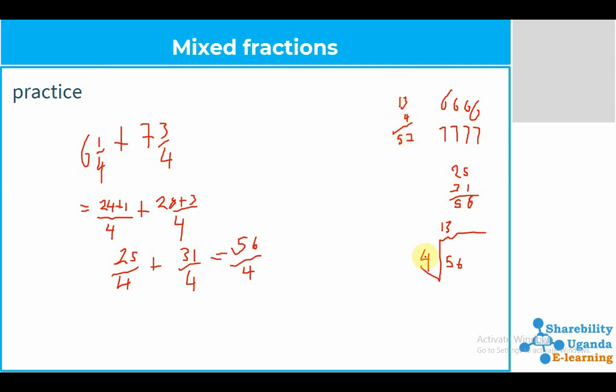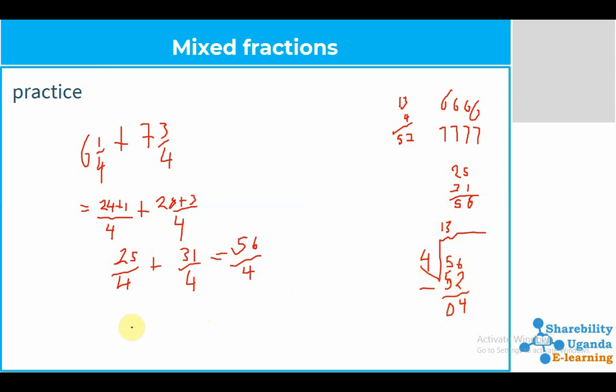So that is 52. We shall write our 52 here. Then we subtract this, remain with our 4 here. Then here is going to be a 0. So that means here we shall be able to get our remainder as a 4.